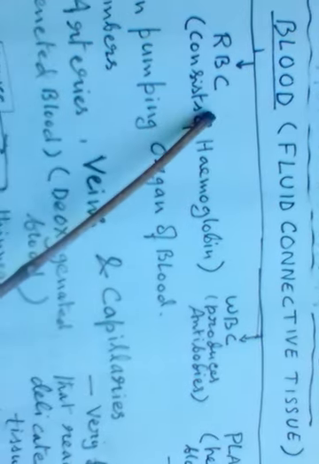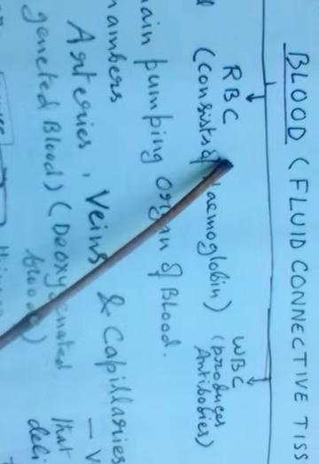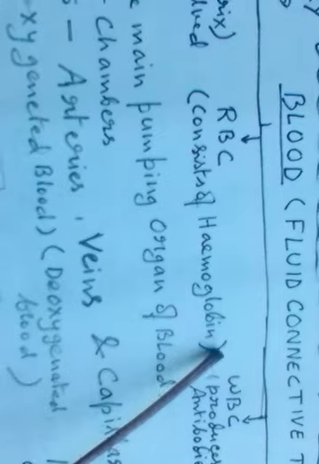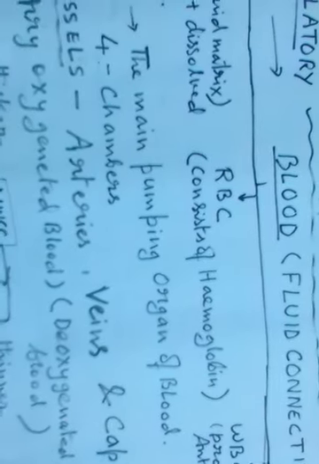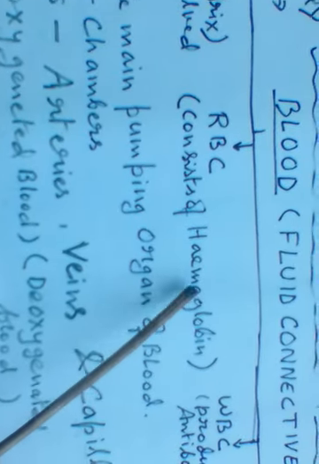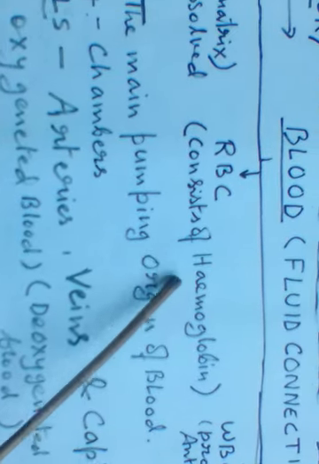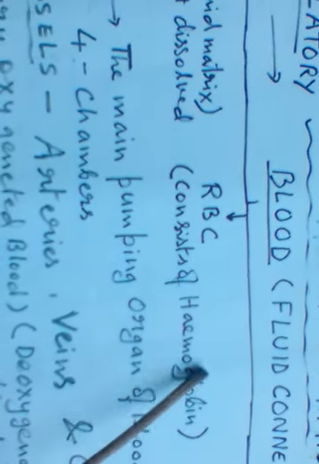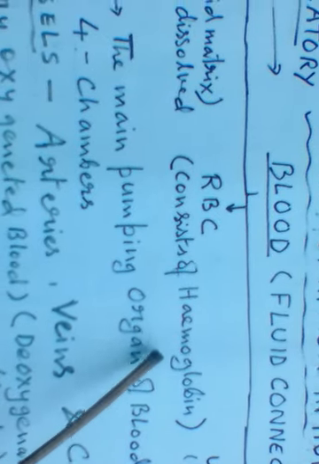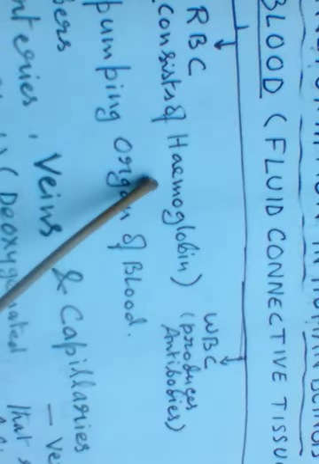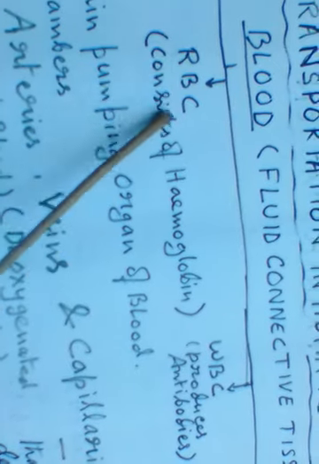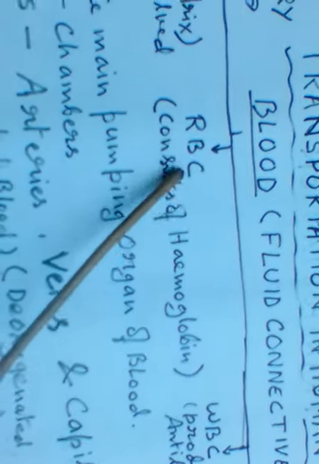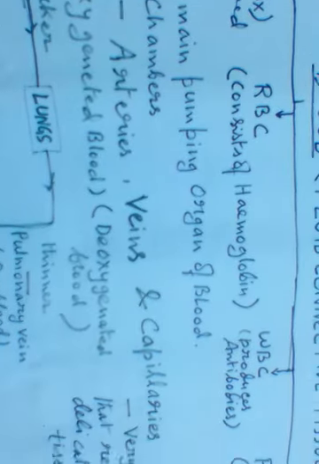RBC, red blood corpuscles or red blood cells, contain a red pigment called hemoglobin, which is the main respiratory pigment because it combines with oxygen and carbon dioxide to transport them throughout the body. Due to this hemoglobin, the color of the RBC is red. It is biconcave and without any nucleus.